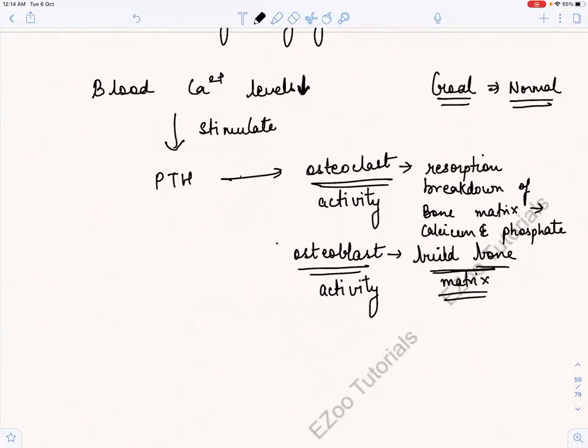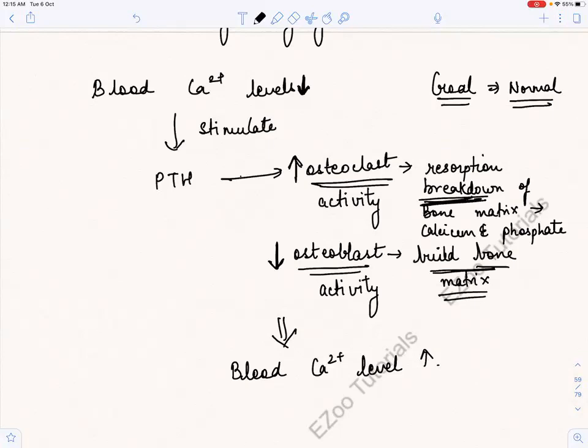It will decrease the activity of osteoblasts and increase the activity of osteoclasts, so that there is more breakdown and more calcium in the blood. So what will happen? The blood calcium level will increase. Why? Because osteoclast activity is increasing, which is basically the breakdown of bone matrix, right?